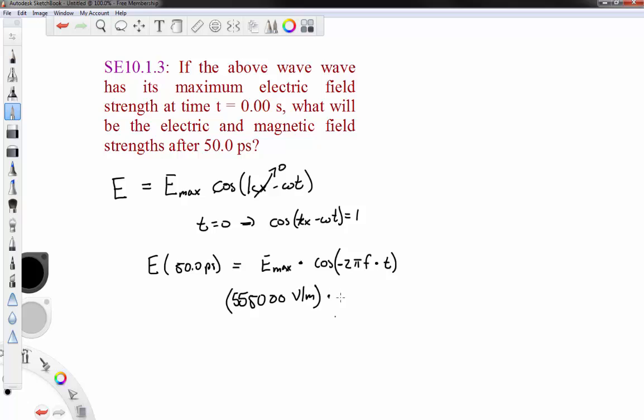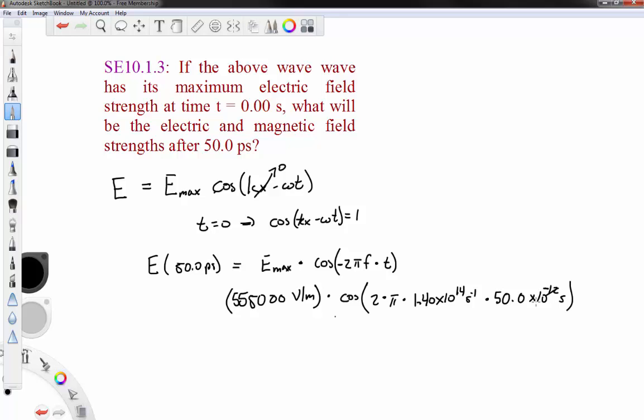We're multiplying this by the cosine of 2 times pi times the frequency, which was given as 140 terahertz, so that's 1.40 times 10 to the 14 hertz, and then that's times 50 picoseconds, so that would be 50.0 times 10 to the minus 12 seconds.